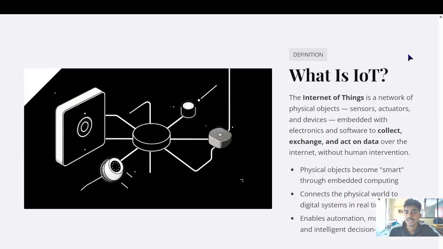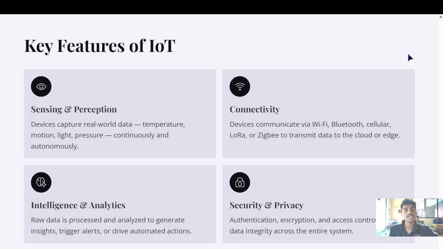In simple terms, IoT connects the physical world to digital systems in real time, enabling automation, monitoring, and smart decision making, which helps systems function properly and gives real-time insight into how everything has been working so far.